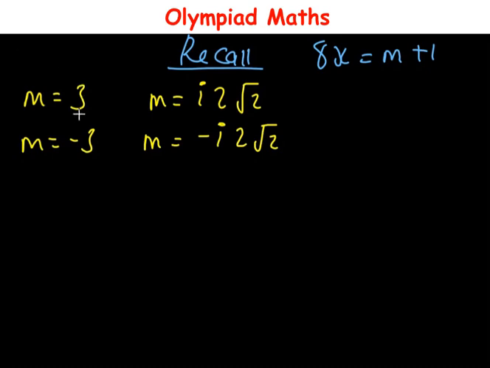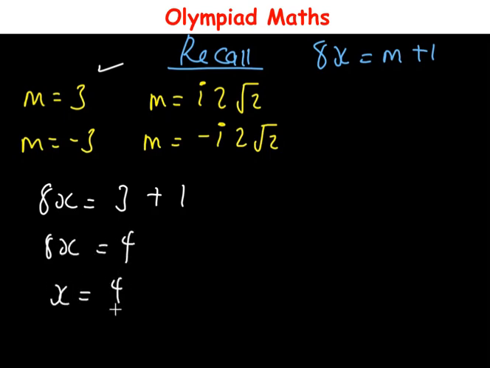Now for m equals 3, inputting the value of m as 3 into the equation, we have 8x is equal to 3 plus 1. So 8x is equal to 4. x is equal to 4 over 8. The value of x equals 1 over 2. So the first value of x equals 1 over 2.